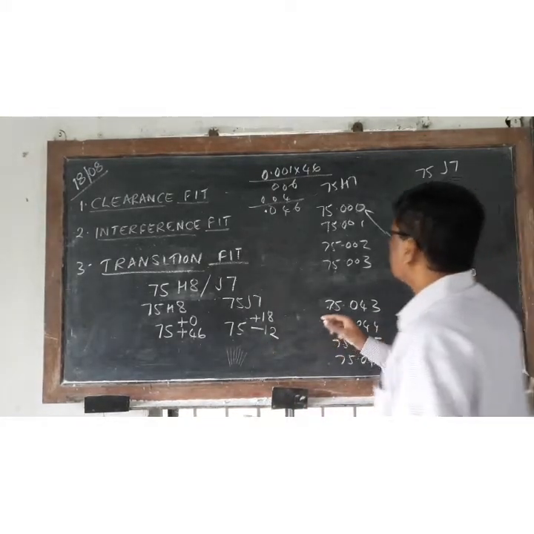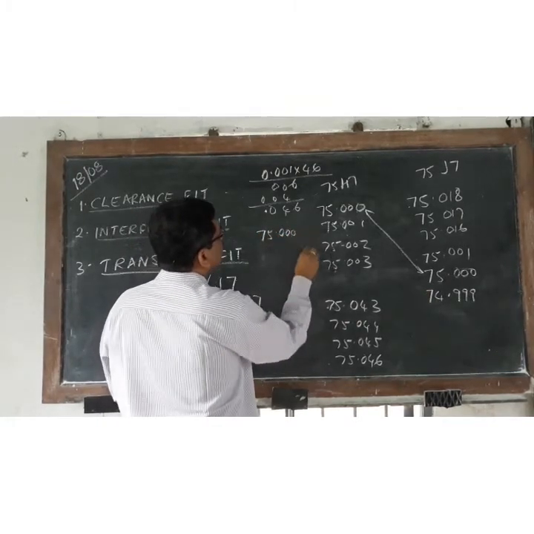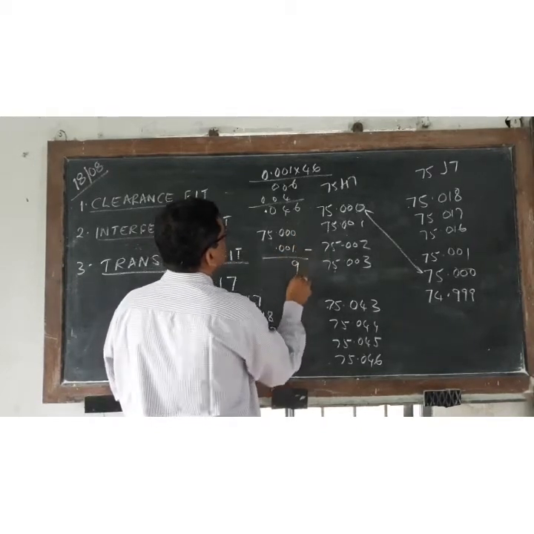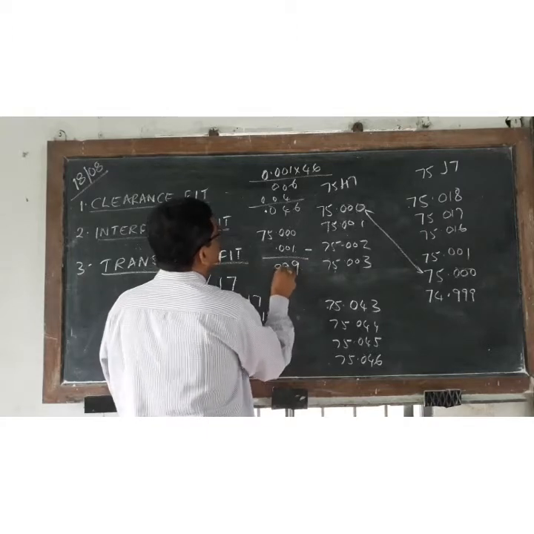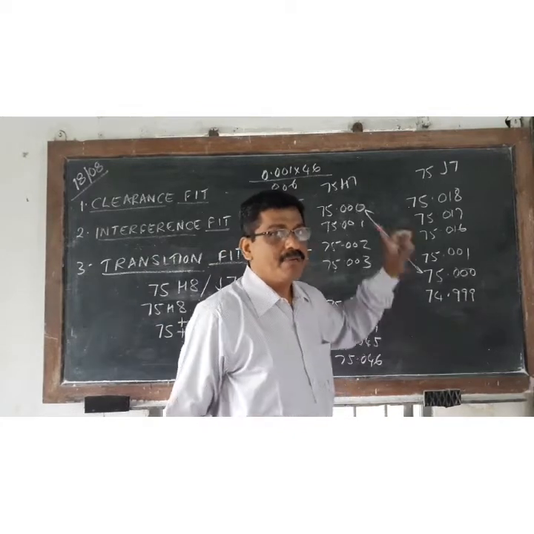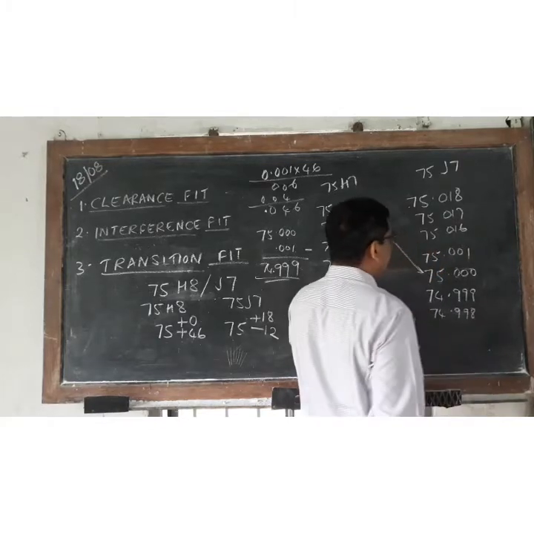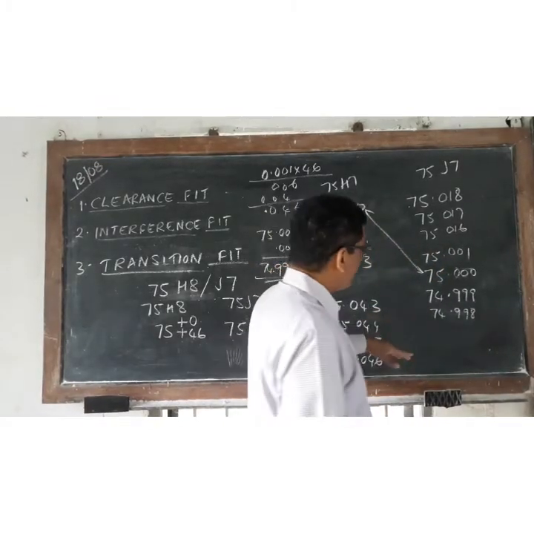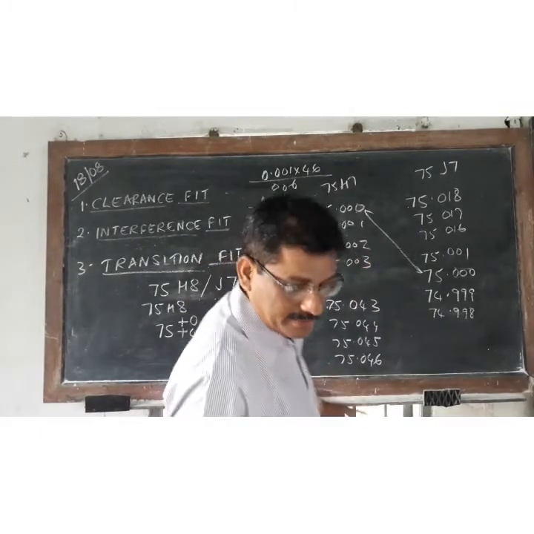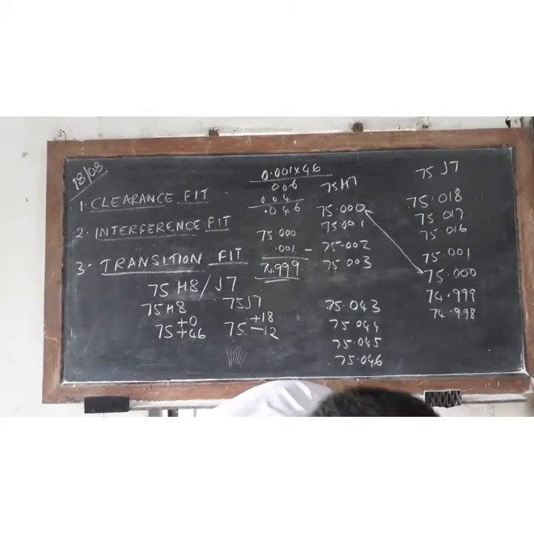If you want to calculate, it is just 75.000 minus 1 micron, 0.001. 10 minus 1 is 9, 9, and 4 becomes 74.999, then 74.998, and it keeps reducing.